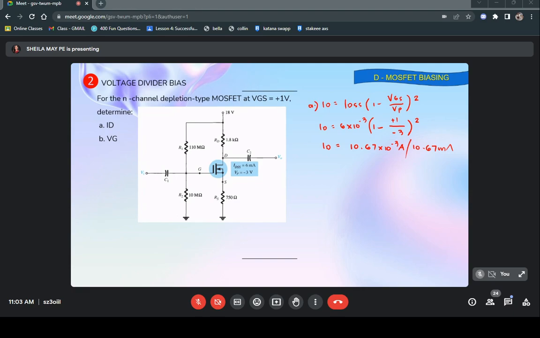So we already have our K, so we can find our ID. So K at 0.24 times 10 to the negative 3 ampere per square volts multiplied by our VGS here. We have given VGS at 6 minus VGS threshold, which is 3. Don't forget to square it.